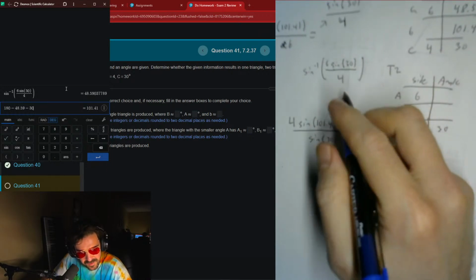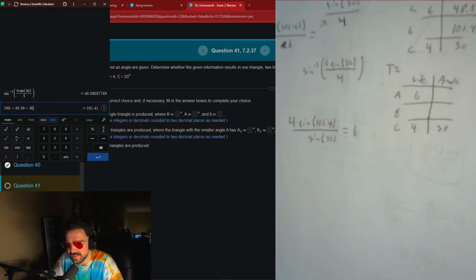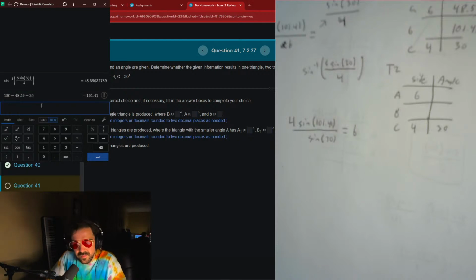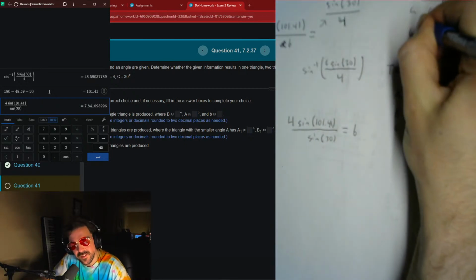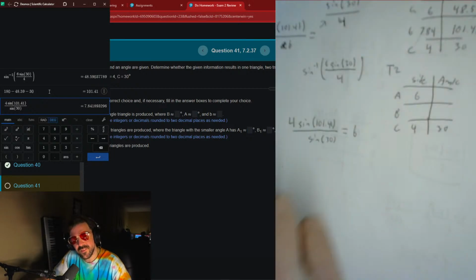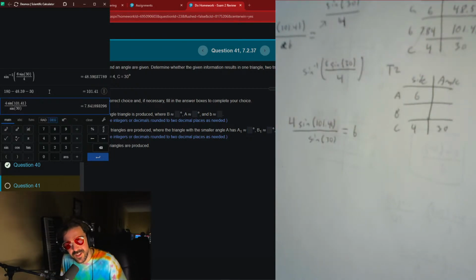That should give us B, because we just moved that to the other side. And that gives us the length 7.84. A good hint that we did it right is that it's longest side, longest angle, so good stuff.